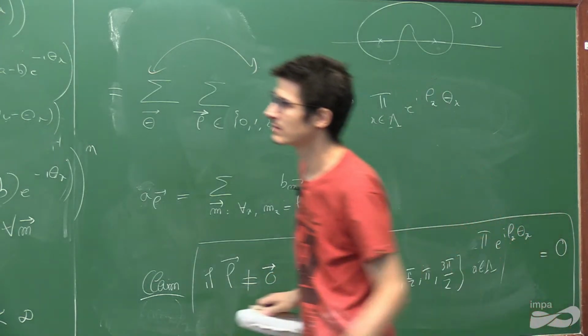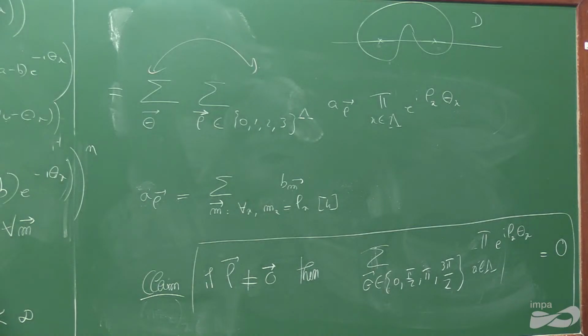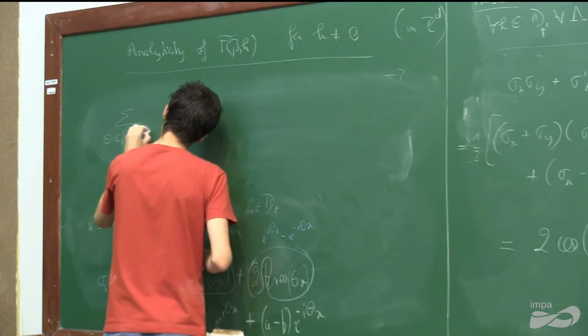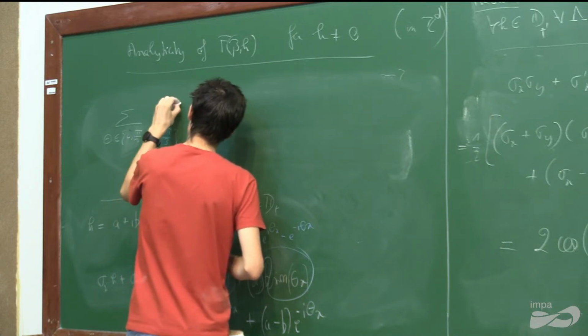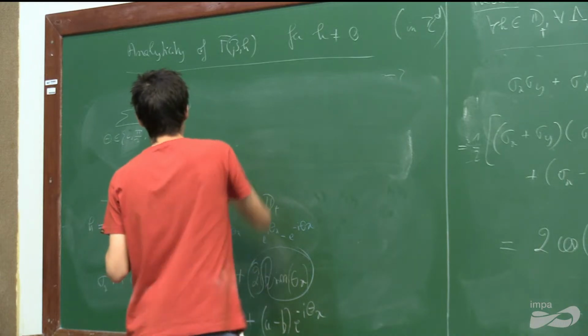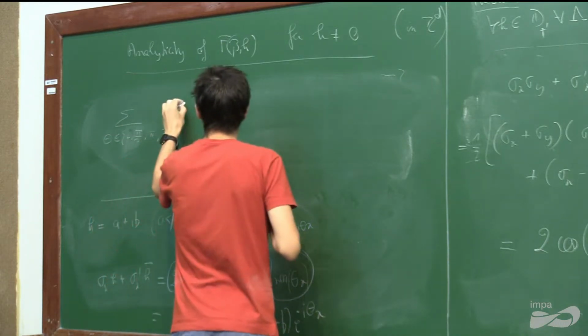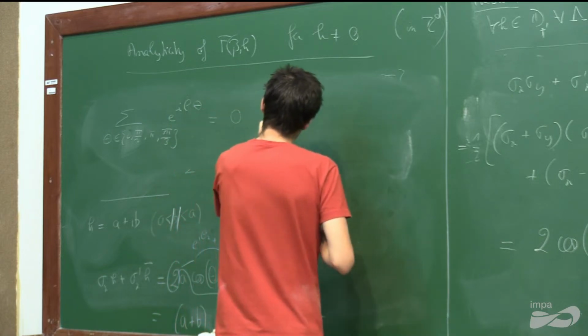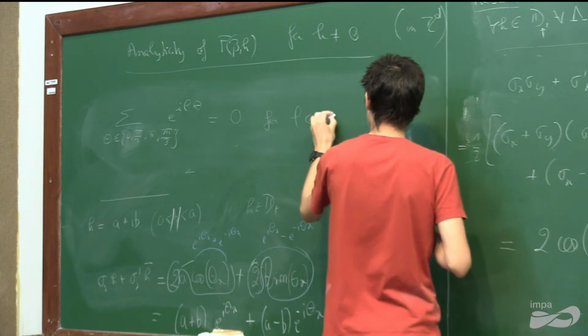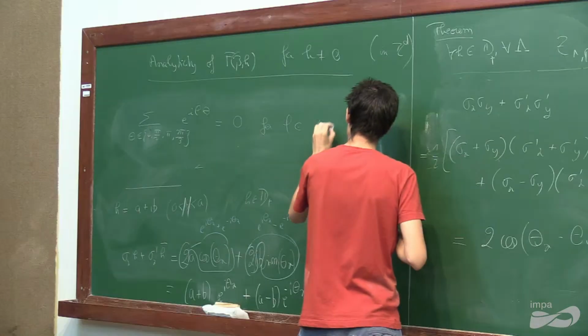So this is just saying that the sum over theta in 0, pi over 2, pi, 3 pi over 2 of exponential i theta L is equal to 0 for L that belongs to 1, 2, 3.